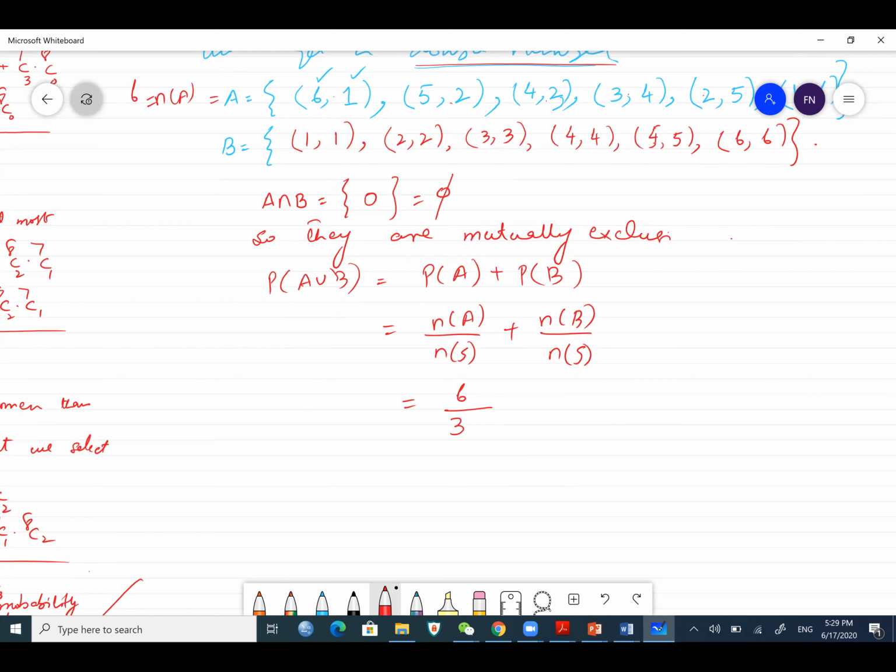We discussed that yesterday. Similarly, how many elements are in N of B? 1, 2, 3, 4, 5, 6. So N of B is also 6. So 6 over 36 plus 6 over 36, which is 12 over 36, which is 1 by 3. So that is the probability of A union B.